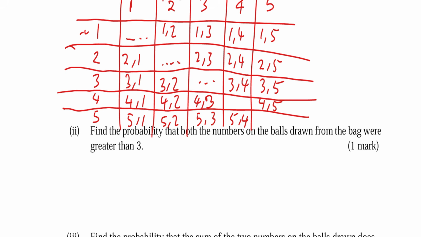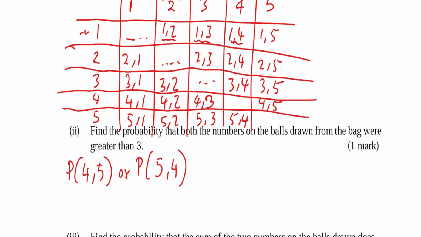So the only way that happens is if the first one is 4 and the second one 5, or the first one is 5 and the second one 4. There's no other possibility, because here 1,2, 1 is less than 3, and 2 too. Even 1,4 or 3,4, 3 is not greater than 3, even though 4 is, but 3 is not.